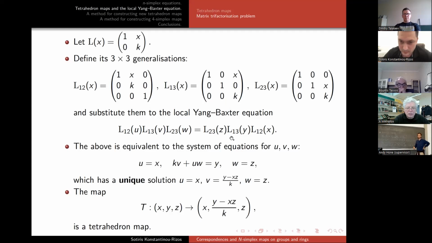So the local Yang-Baxter equation is equivalent to this system of equations for u, v, and w. This system has a unique solution for u, v, and w given by the following expressions, which means that this map is a tetrahedron map, the associated map. However, as I said, there's no proof for it. You always need to check.